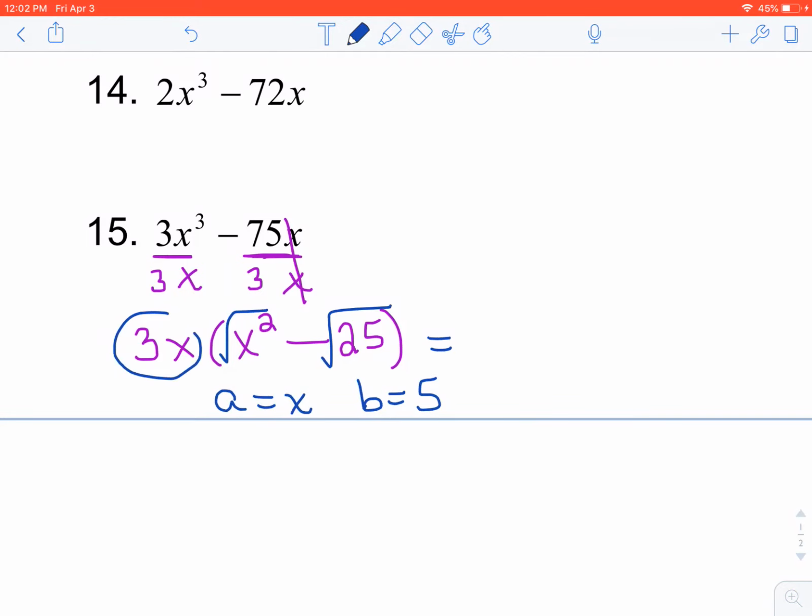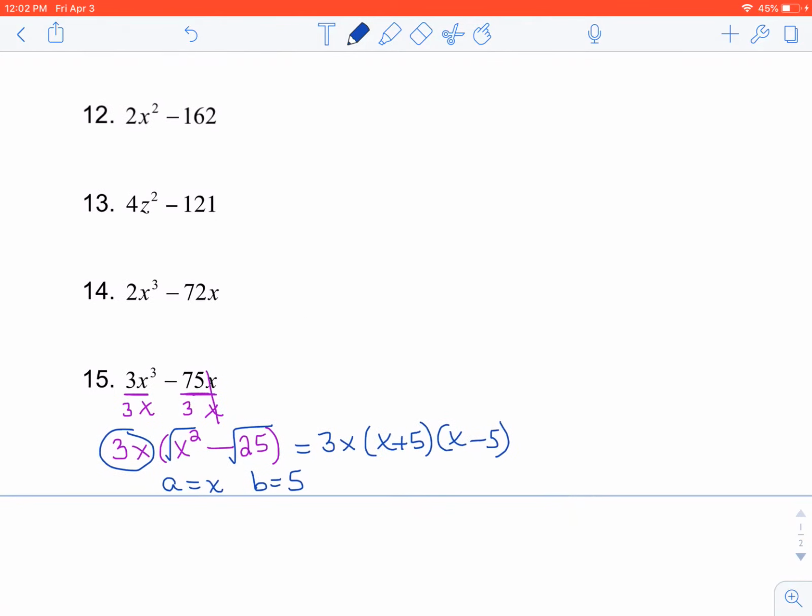Here's the GCF. I need to write that in front. Something plus, something minus. And in the parentheses are the x plus 5 and the x minus 5. So GCF first. Take the square root of the two numbers second, and then place them in the pattern.